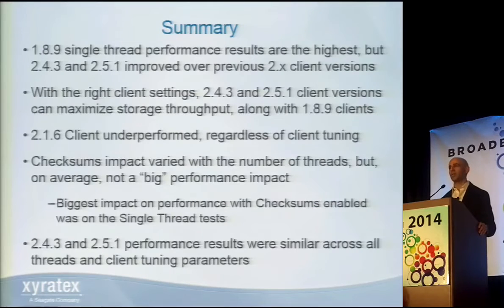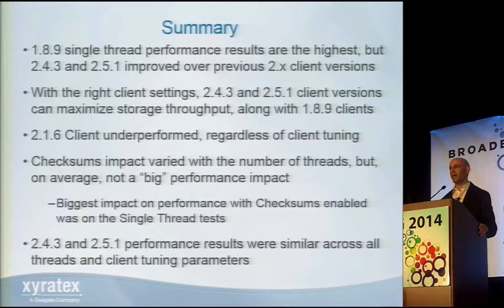In summary, looking at all the raw data, 189 still provided the highest performing single thread performance results. But encouraging, 243, 251 vastly improved over its predecessor 2.1.6 for single thread performance. With the right client settings, 243, 251 can maximize the storage throughput. 2.16, regardless of any tuning parameters we could do, just underperformed.